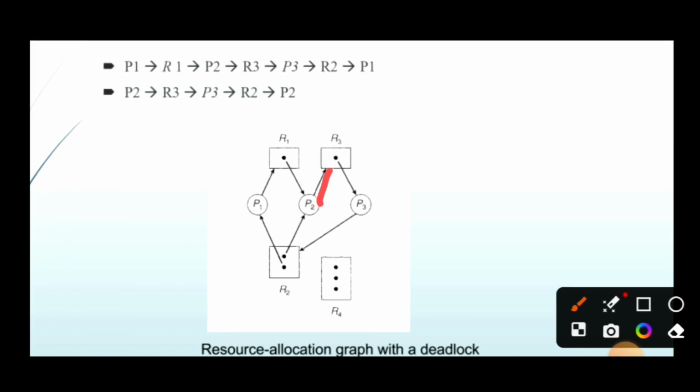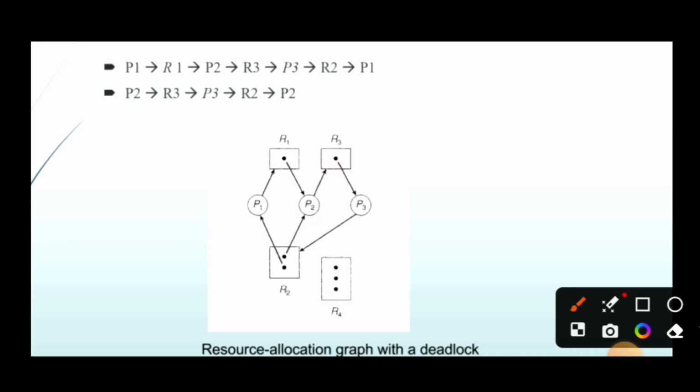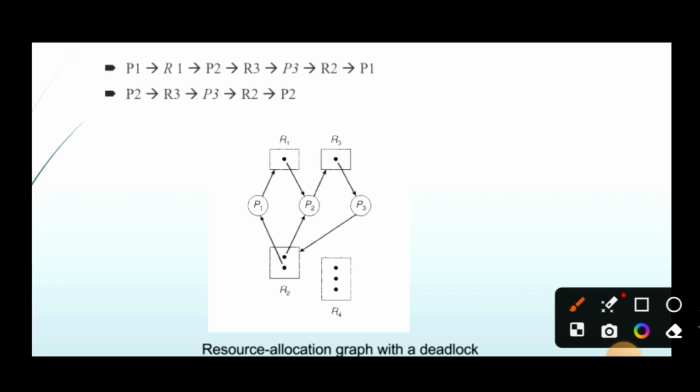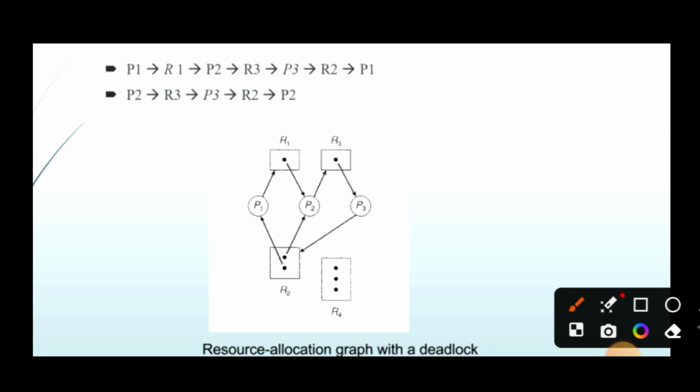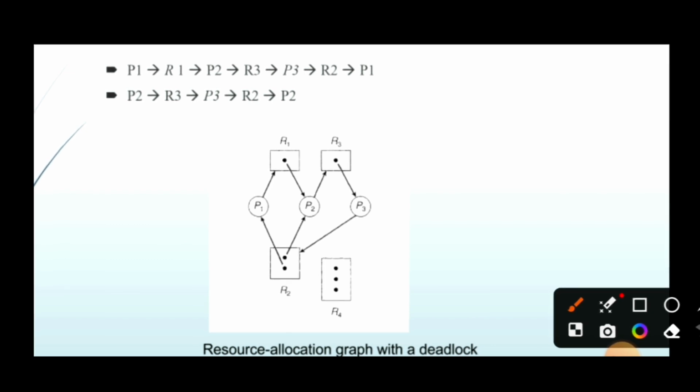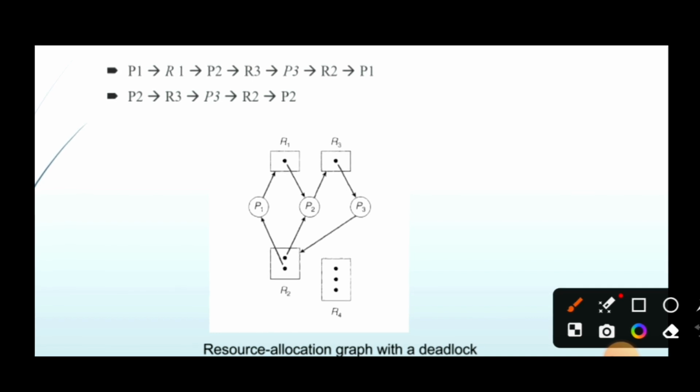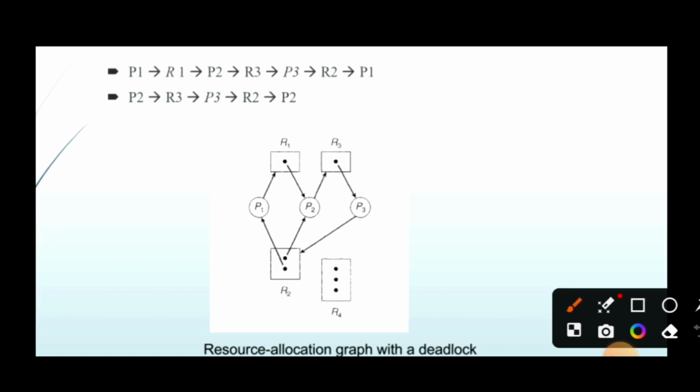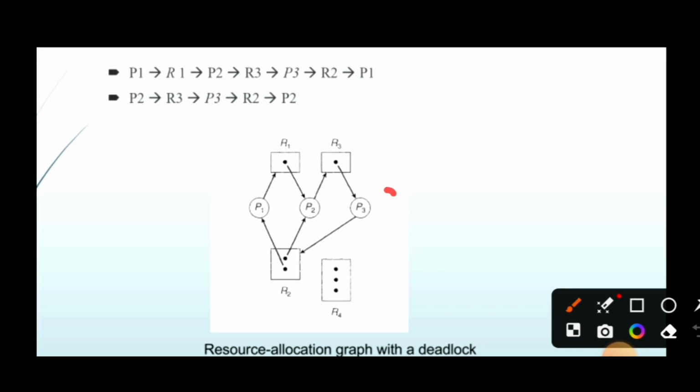We see that the processes are waiting for resources held by other processes, and nobody is going to release a resource because they are waiting to acquire other resources. So this cycle is not going to break and they are stuck in this cycle. Hence we say that the processes P1, P2 and P3 are deadlocked.